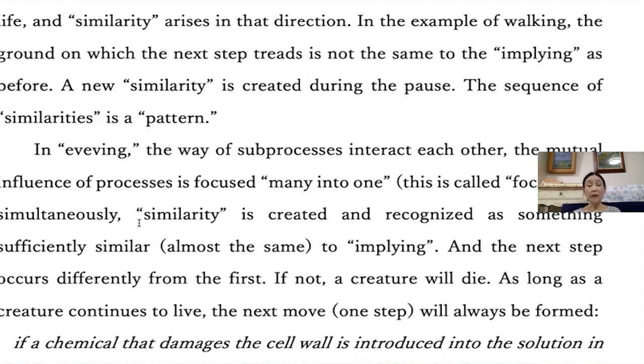Simultaneously, similarity is created and recognized as something sufficiently similar, almost the same, implying the next step, which occurs differently from the first. If not, a creature will die. As long as a creature continues to live, the next move, one step, will always be formed.